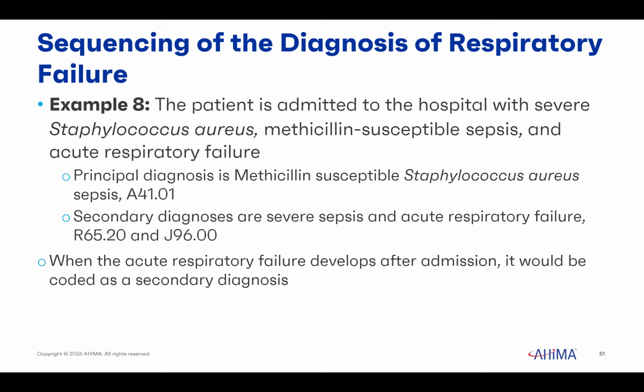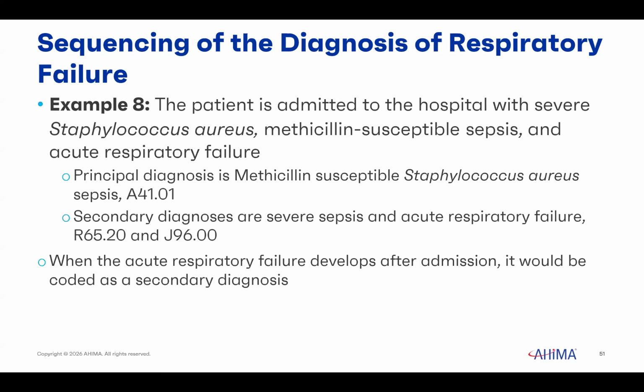A patient is admitted to the hospital with severe Staphylococcus aureus, methicillin-susceptible sepsis, and acute respiratory failure. This goes back to the sepsis guidelines. The principal diagnosis is the methicillin-susceptible Staphylococcus aureus sepsis, A41.01.